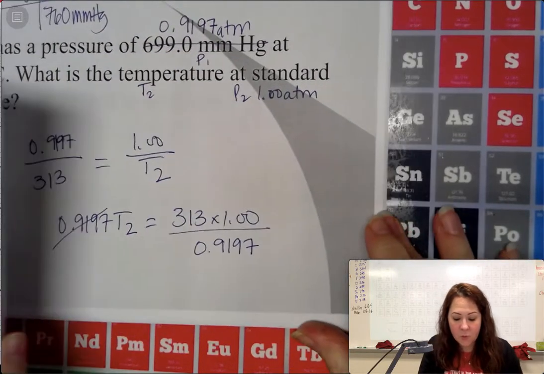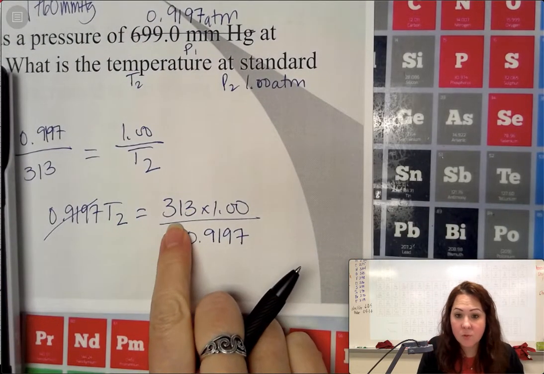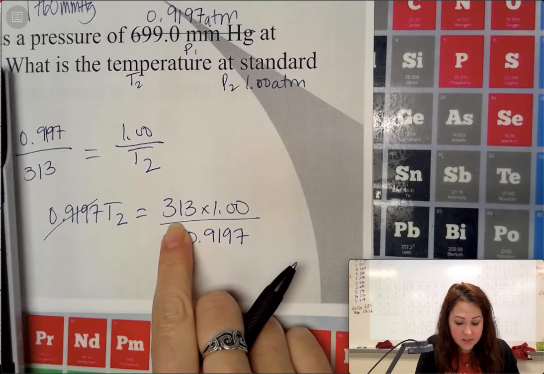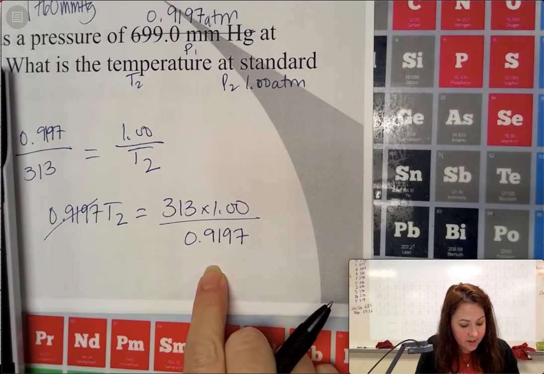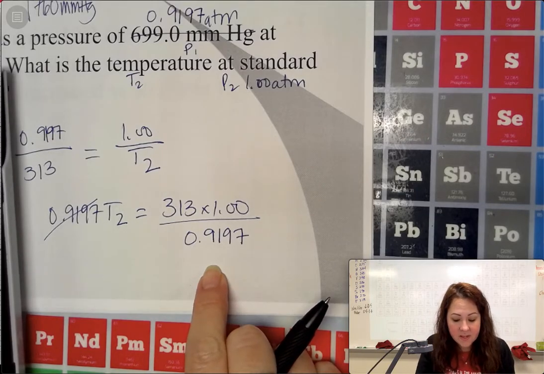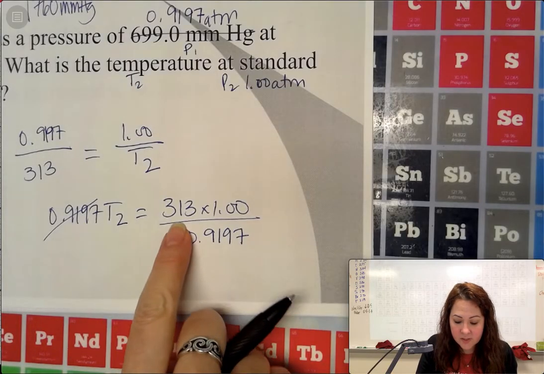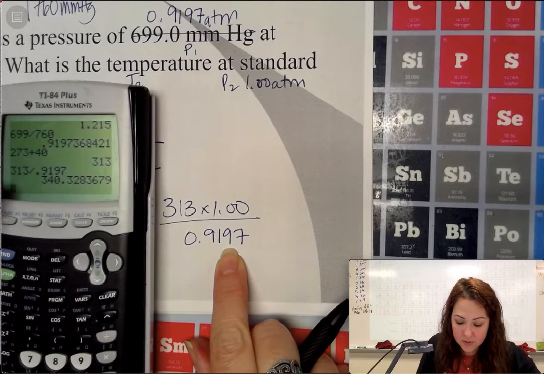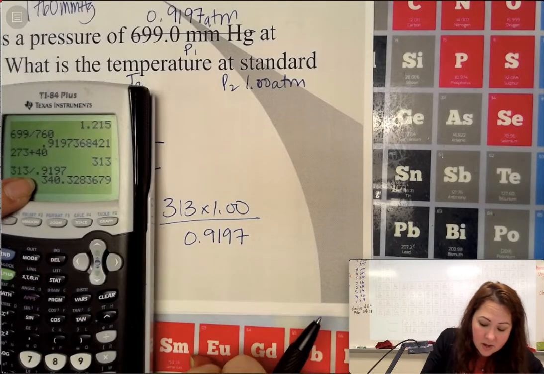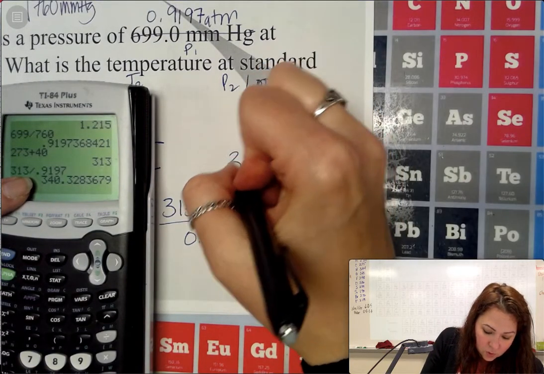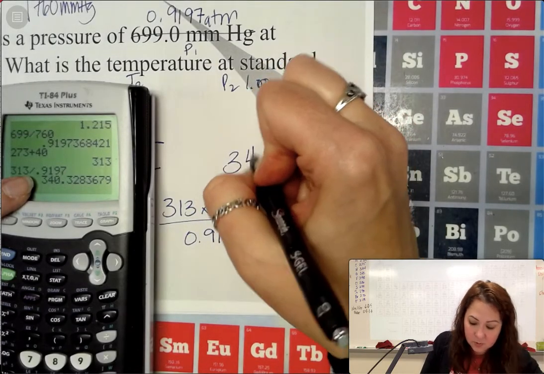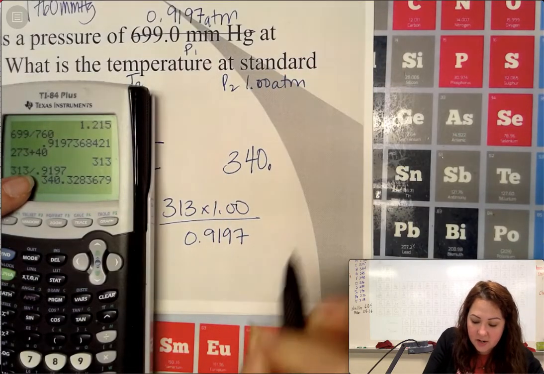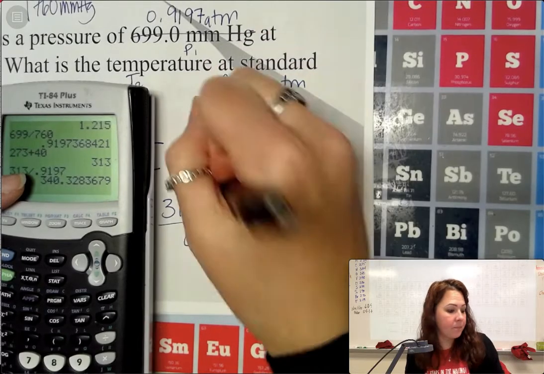So I am going to take 313 times 1, which is just 313, divided by 0.9197. This number has 3 sig figs, 3 sig figs, 4 sig figs, so when I get my calculator answer, I need to round this to have 3 sig figs. So T2 is 340 with a decimal place that gives me the 3 sig figs that I need in Kelvin.